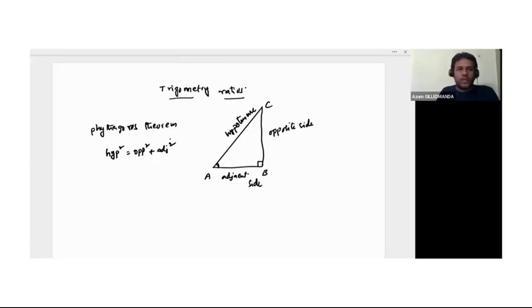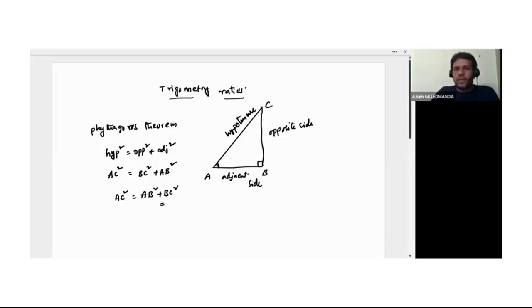So what is the hypotenuse here? If I substitute in the form of the sides, this is AC square equal to, what is the opposite side, BC square, plus the adjacent side, AB square. Or I can write in order, AC square equal to AB square plus BC square. So this is Pythagoras theorem.